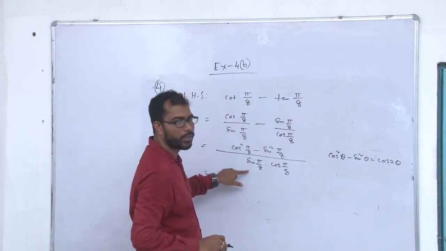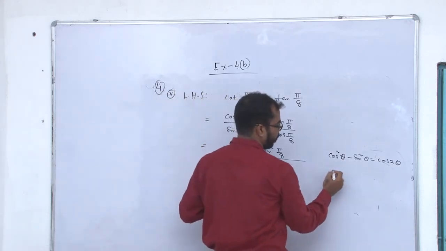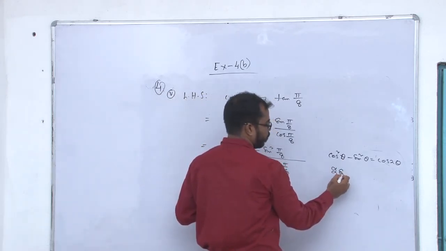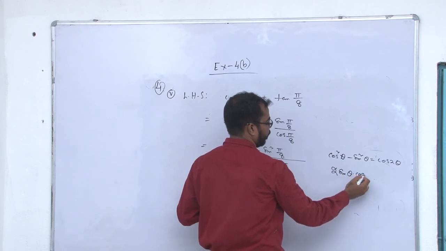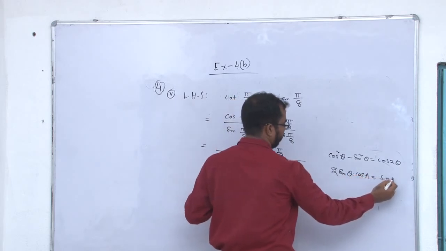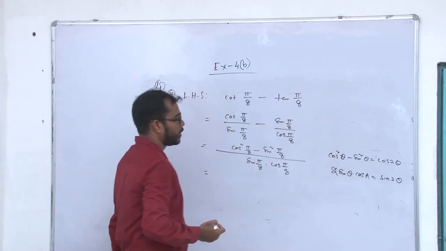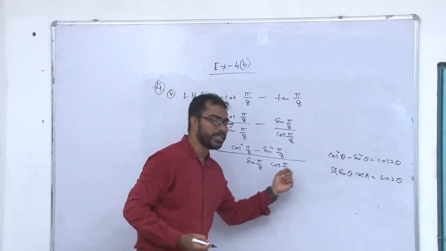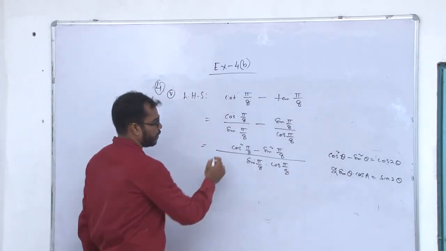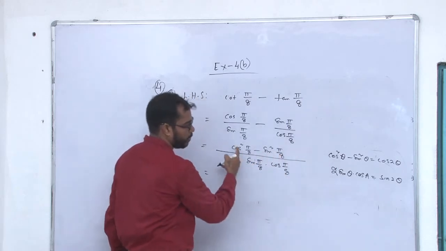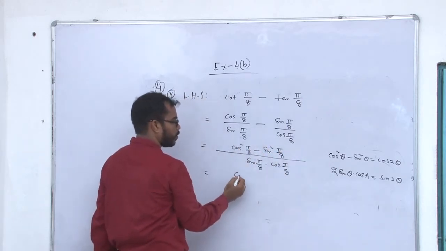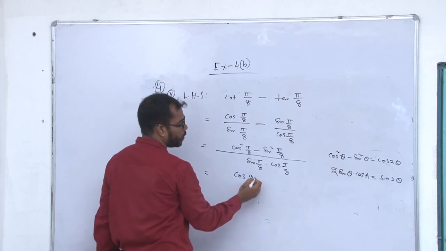And for the denominator we can use the formula 2 sin theta into cos theta, that is sin 2 theta. But a 2 is missing in this denominator. First we use cos square theta minus sin square theta, that is cos 2 theta. So we can write cos 2 theta.